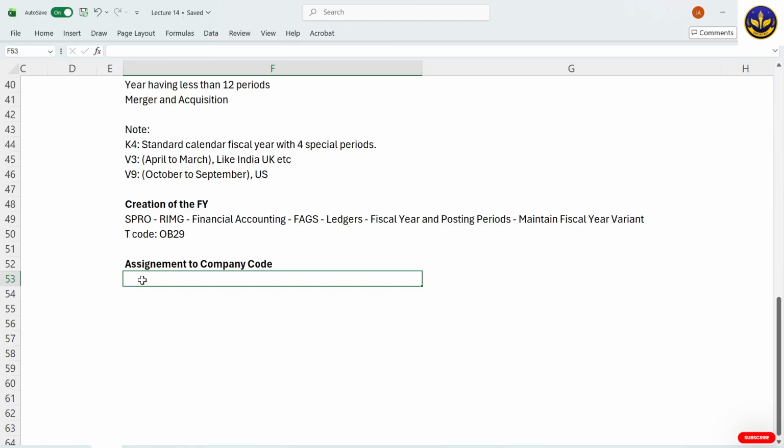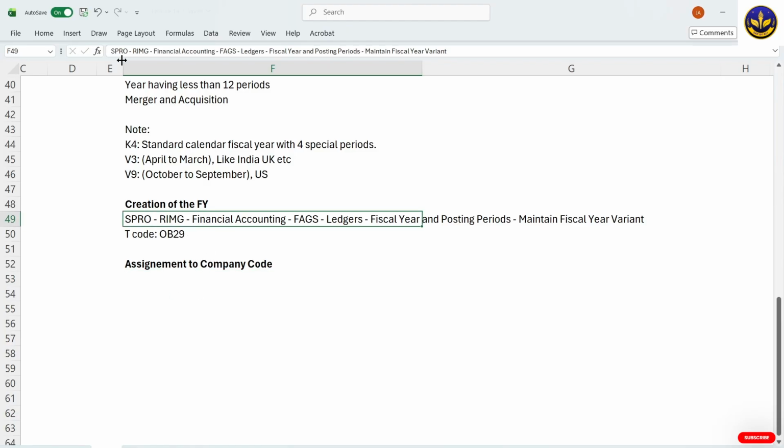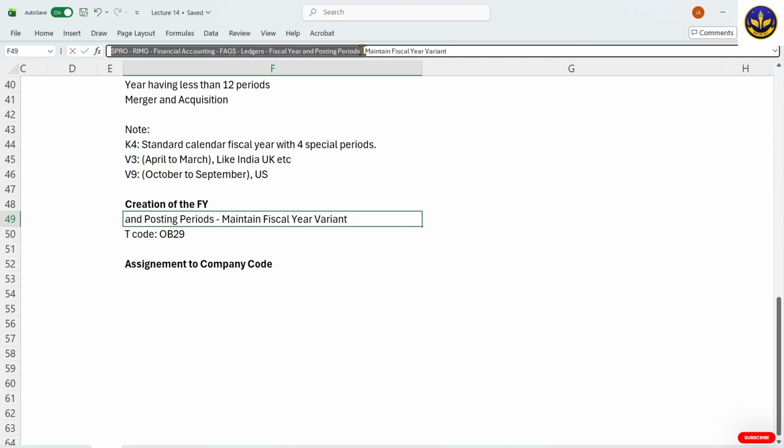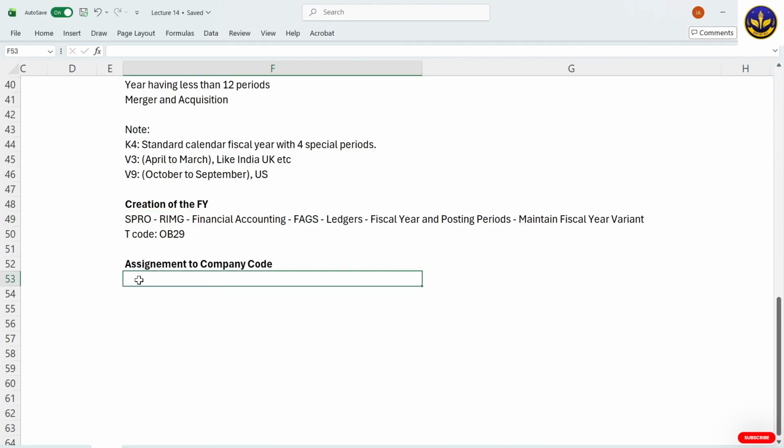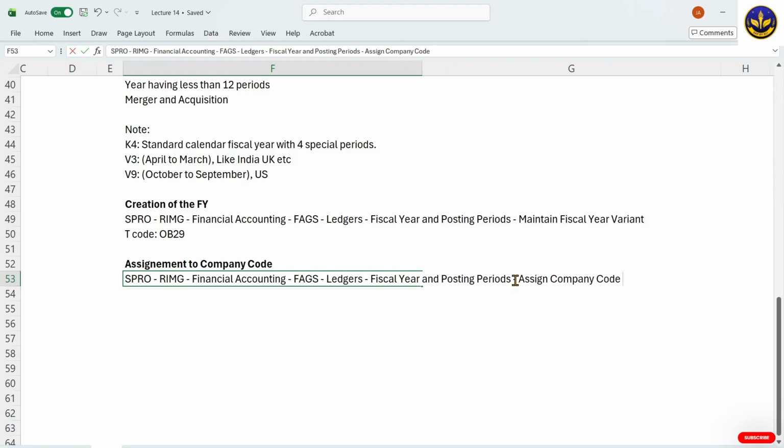For the assignment we also have a path. Up to here, let me copy it, it is the same. Then you just have to click on assign company code to fiscal year variant.